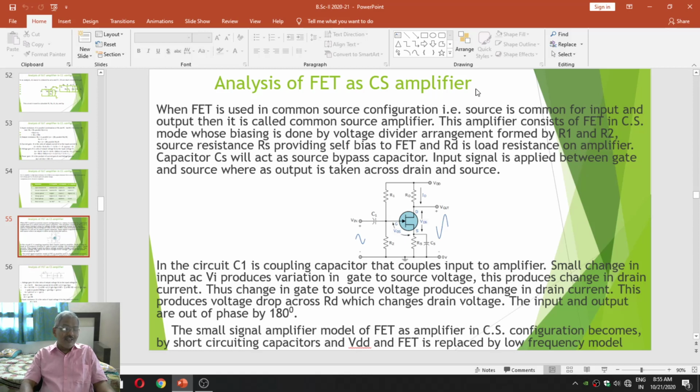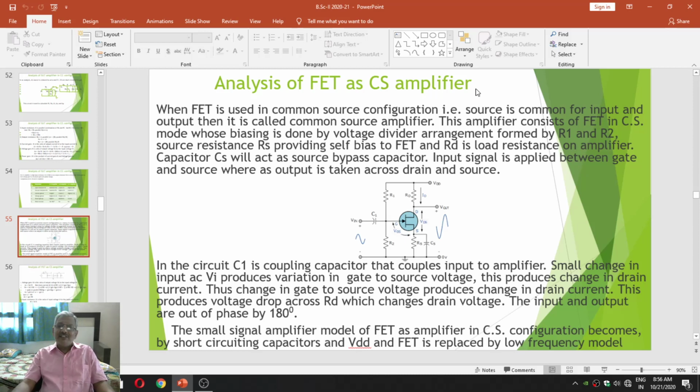Friends, we have already studied FET last year, and we are aware that FET is again a semiconductor 3-terminal device having drain, source and gate as the main terminals, in which output drain current is controlled by means of an input voltage or the field, and that's why we call that device a field effect transistor.